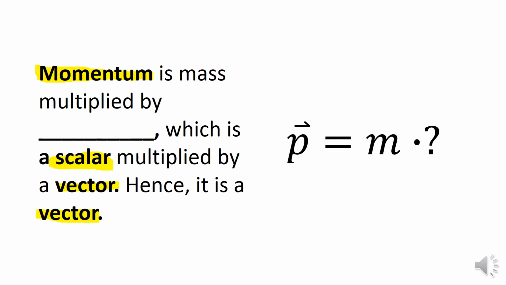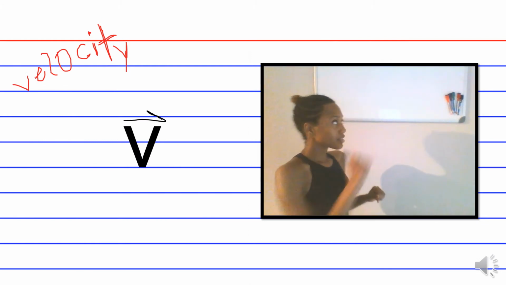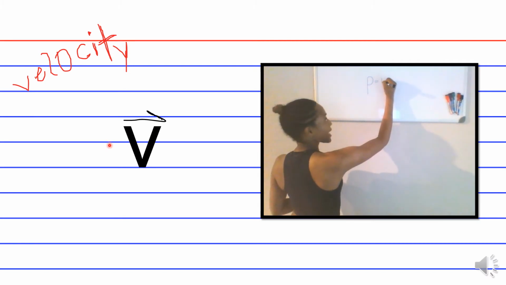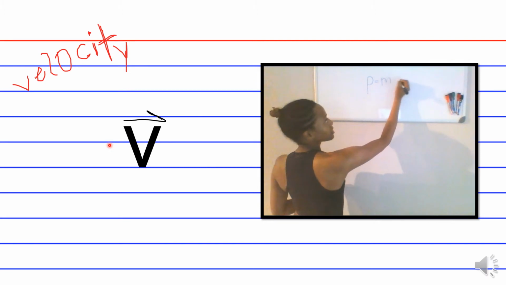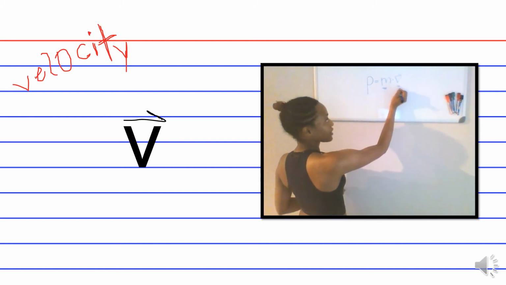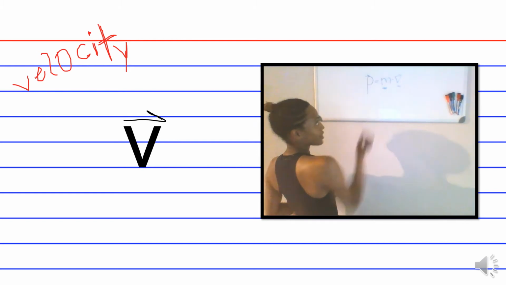I'll give you a moment to think. Momentum is the product, denoted by a lowercase p, of mass times velocity. Velocity is the answer. So we have a scalar multiplied by a vector. Therefore, momentum is a vector quantity.